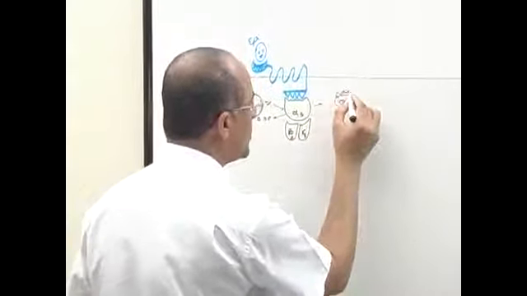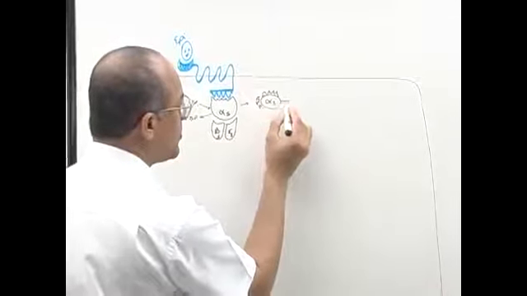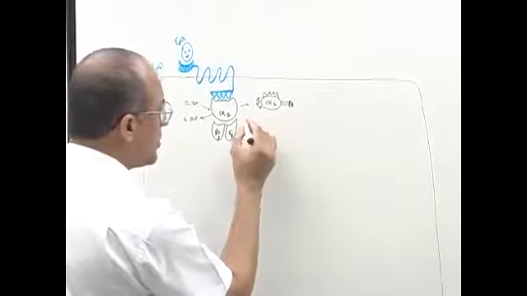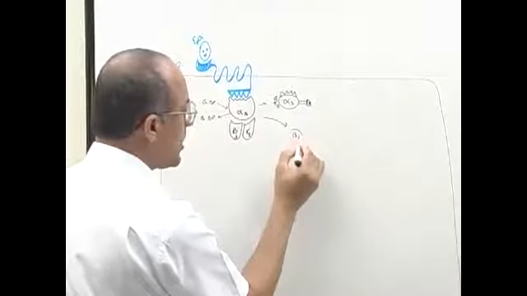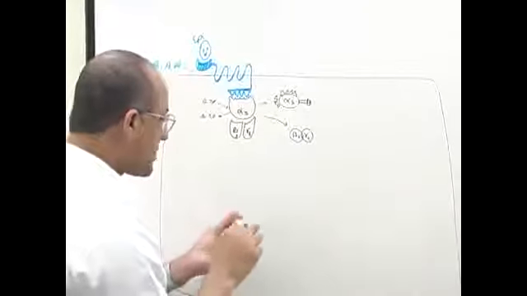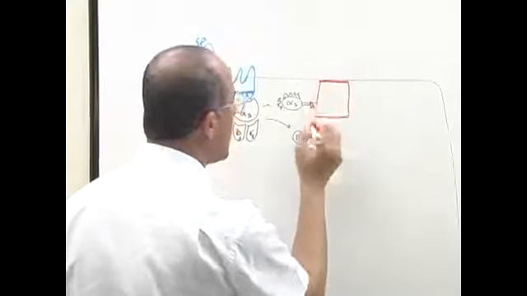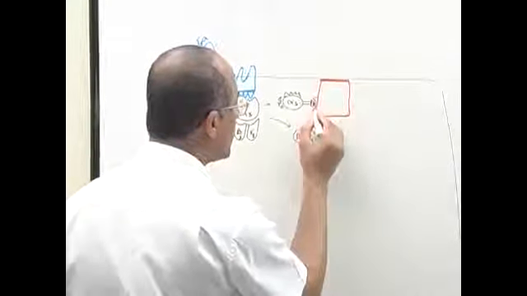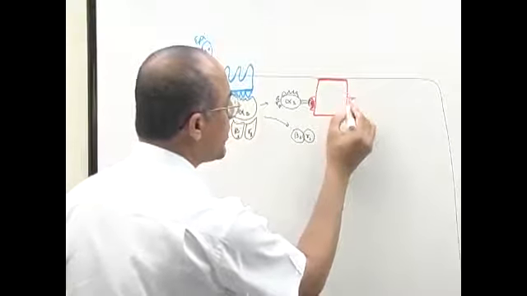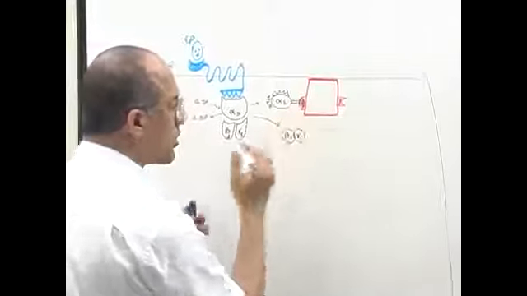This alpha stimulatory component, loaded with GTP, dissociates from the beta and gamma component, and it interacts with adenylyl cyclase. If you remember, adenylyl cyclase has 2 points: one point where G inhibitory could bind, another point where the alpha component of G stimulatory could bind.